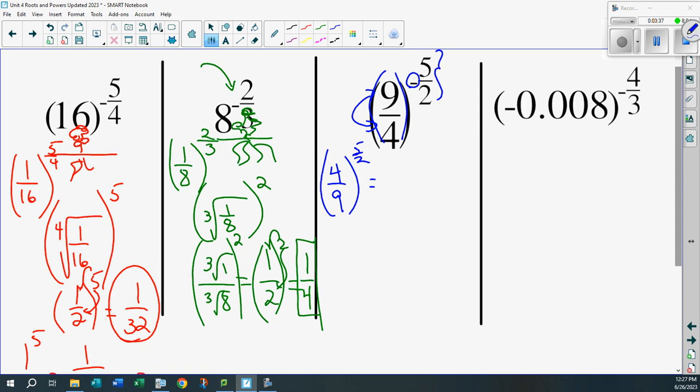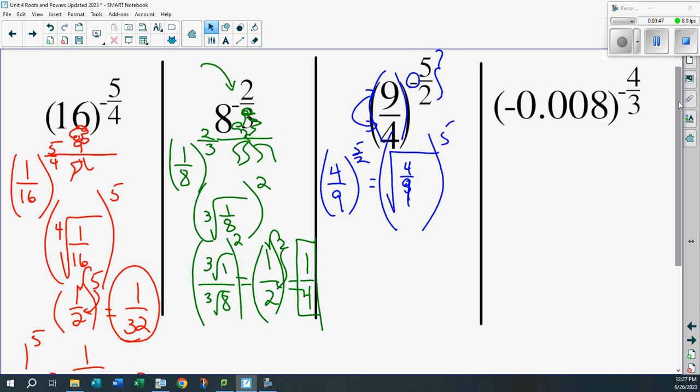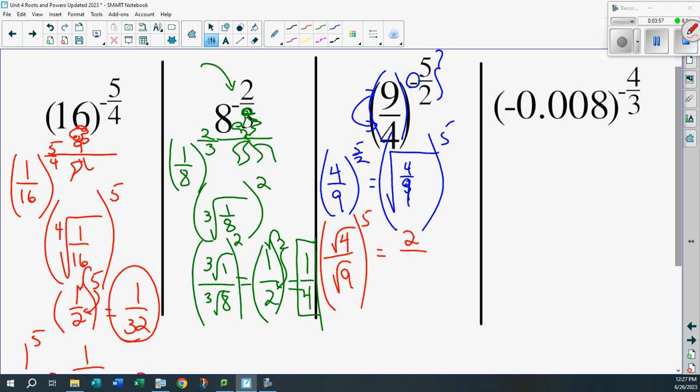Okay, so this means the square root of 4 over 9, all to the power of 5. Oh, this could be interesting. Okay, square root of 4 over the square root of 9, to the power of 5. Square root of 4 is, of course, 2. Square root of 9 is 3, all still to the power of 5.